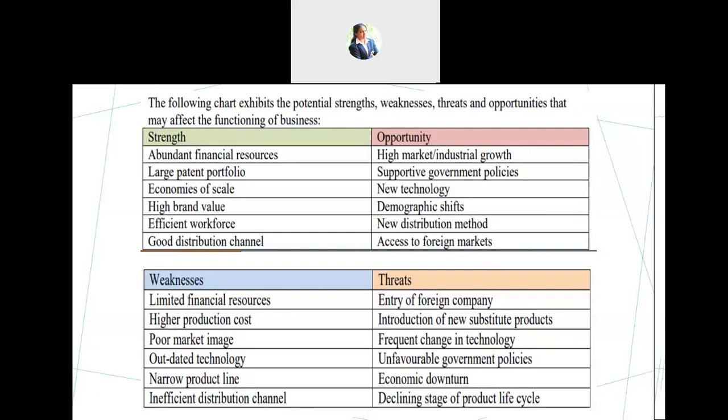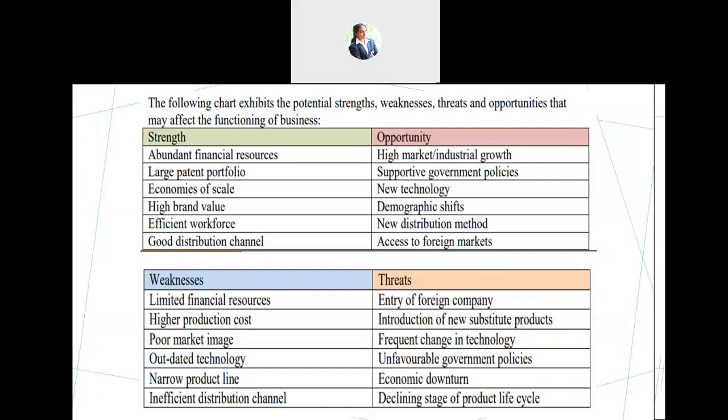Also, new technology might be helpful in gaining more and more economies of scale, and it would help the way in which the goods are produced, or it might even have eased the way of doing business. And demographic shifts especially represent the customers and how they change. If the change is positive, then it will always represent opportunity for the organization.